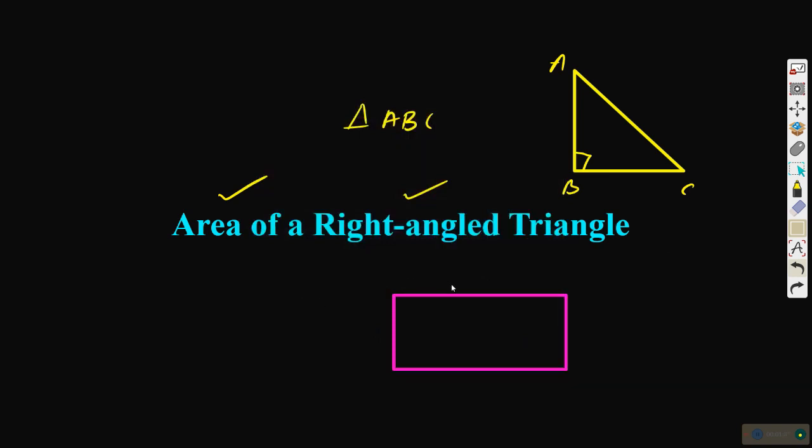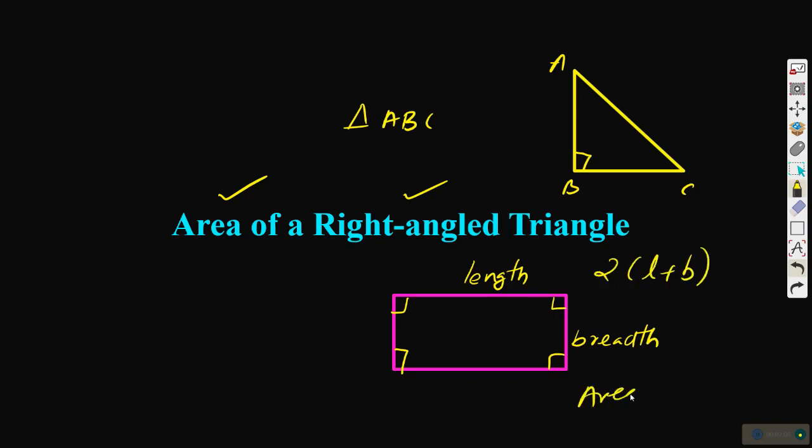A rectangle is named so because it has 4 right angles. This is the length of the rectangle, this is the breadth, and you studied the formula to calculate the perimeter is 2 into (L plus B), where L and B stand for length and breadth, and the area can be calculated by the formula length into breadth.